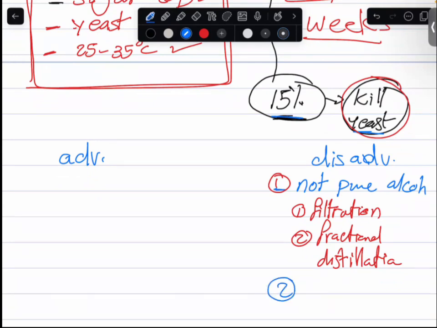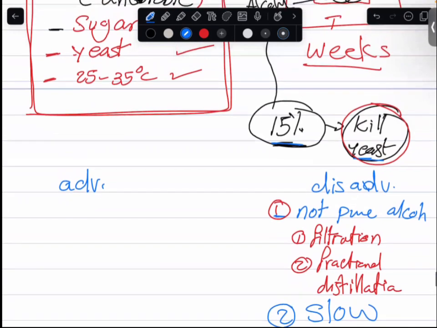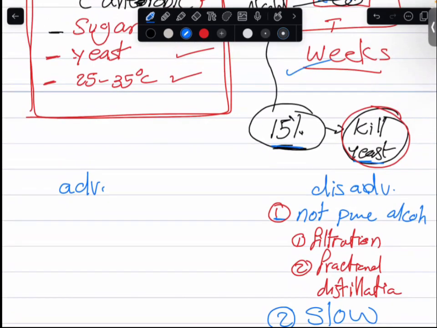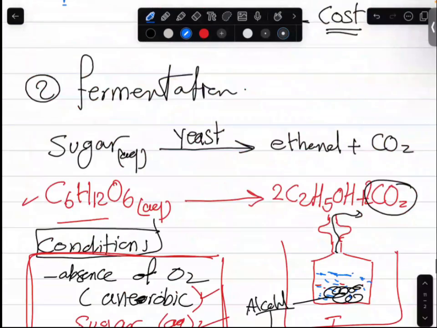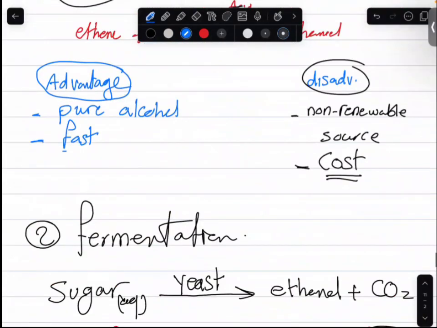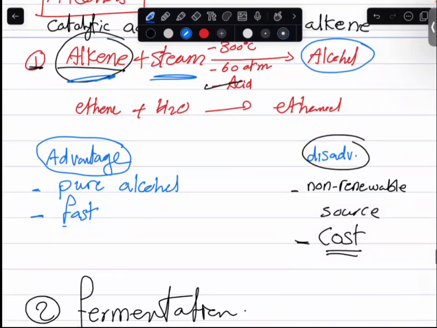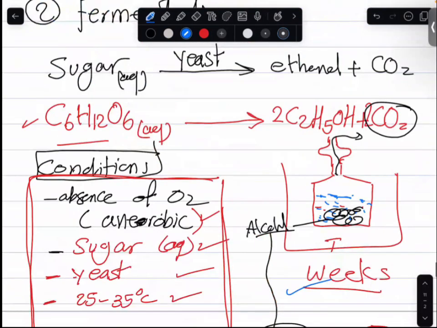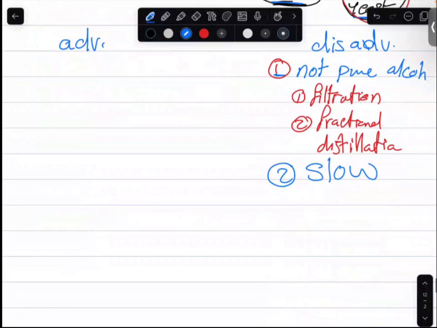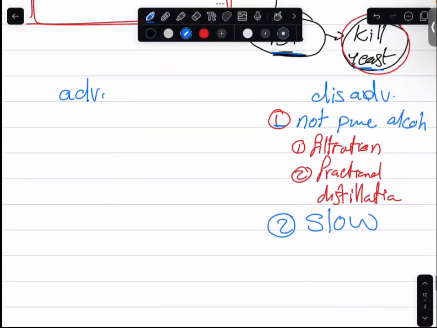Number two, this is a slow way of preparing alcohol, because I said here you will leave it for several weeks, but the first one immediately, once you add steam to alkene, immediately it becomes an alcohol. Okay. So these are the two main disadvantages of using this method.